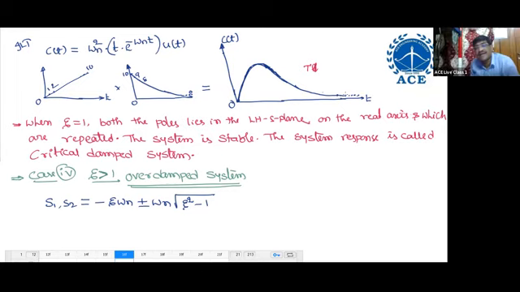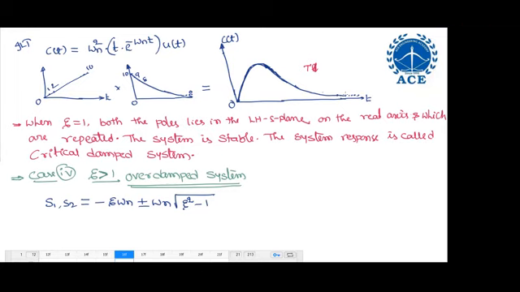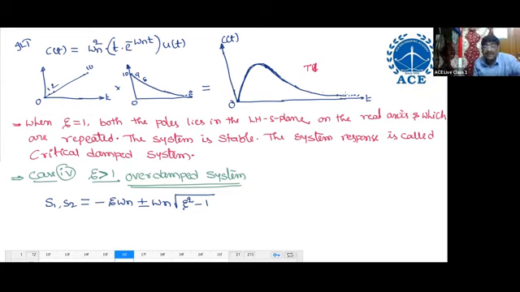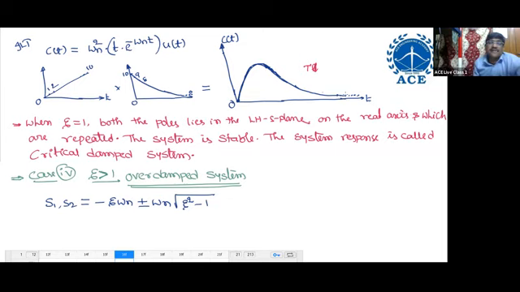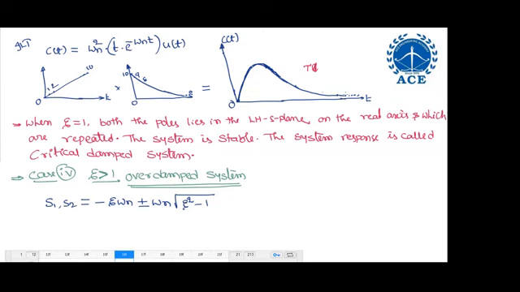By the time constant we can say: if the time constant is larger, it is overdamped, and if it is smaller, it is critically damped. Overdamped has the largest time constant.